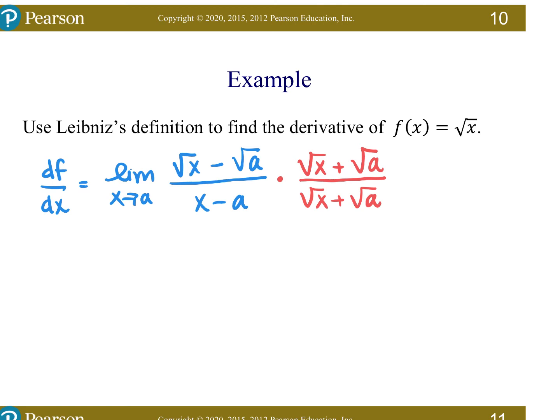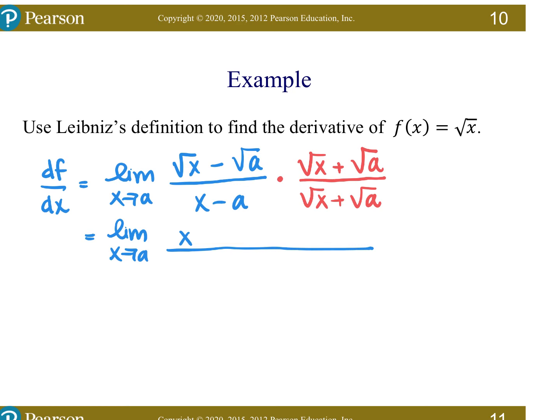Now we're going to FOIL. You might think this doesn't look very elegant, but everything's going to drop out, and we're going to have something really beautiful left at the end. So when we FOIL the numerator, what's the first part? Rad x times rad x is x.